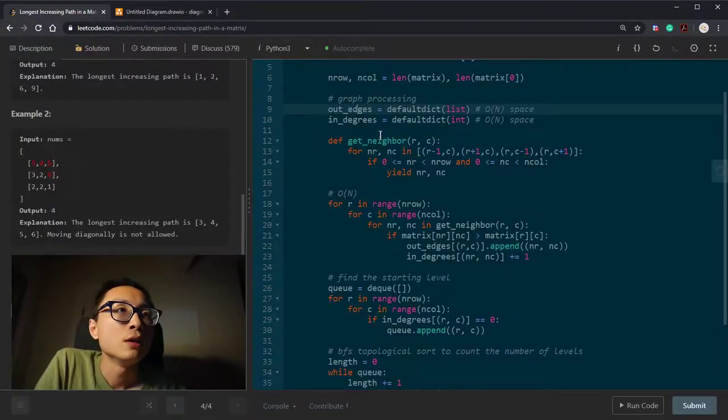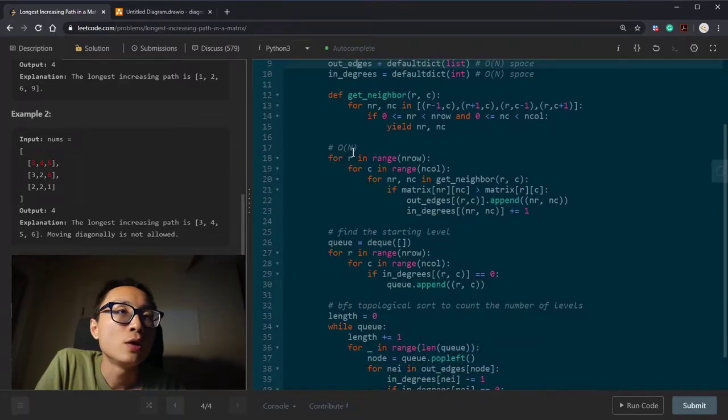So that's basically trying all the positions inside this matrix, looking at the 4 directional neighbors, and then just comparing the cell's value with the neighbor's value. If the neighbor has a strictly larger value compared to the cell, that means we can go there.